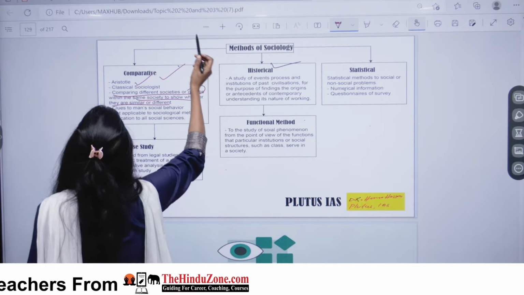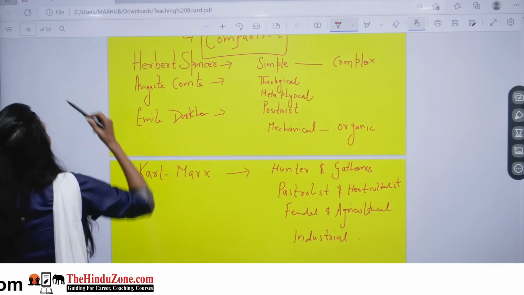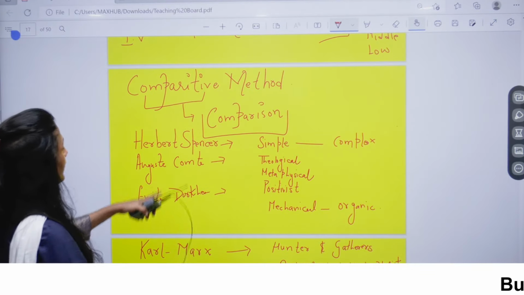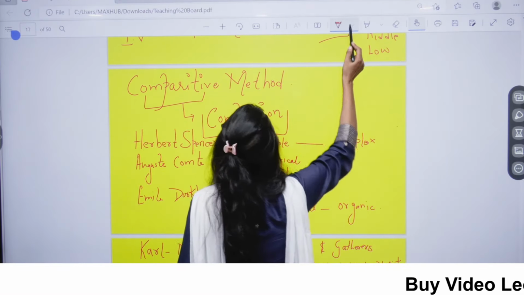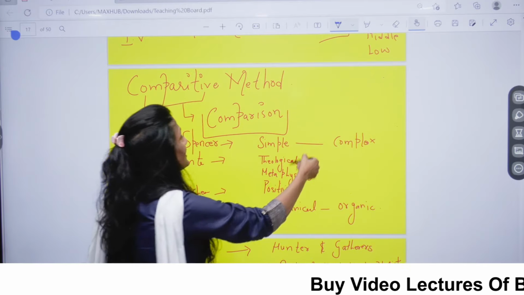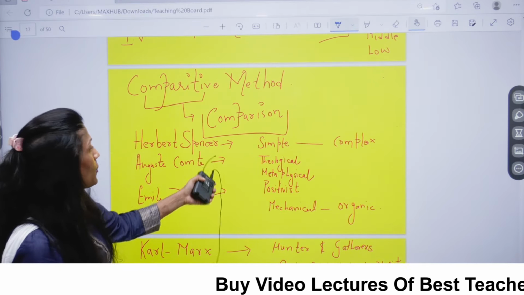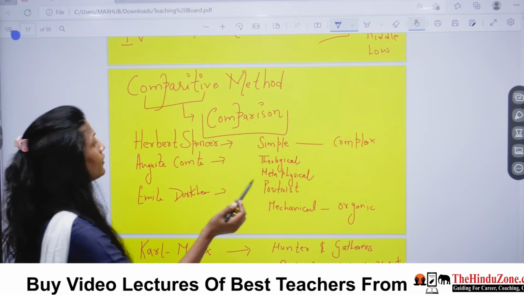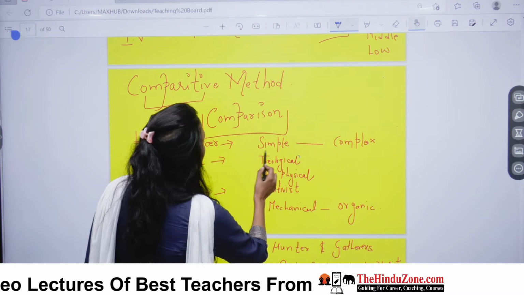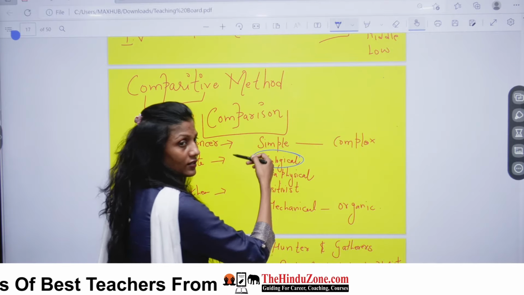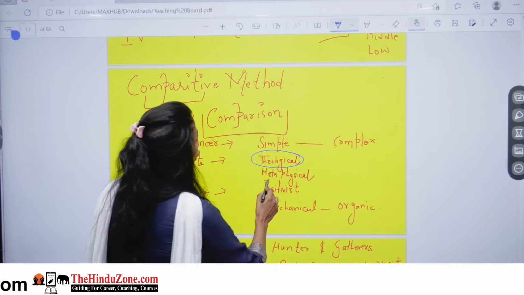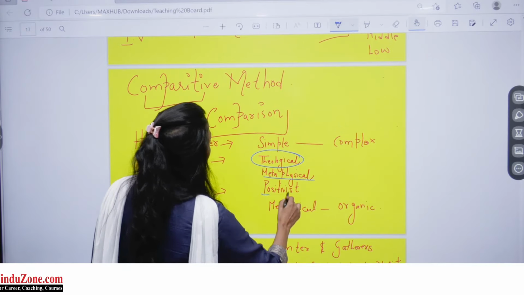All right, so now let me explain to you the historical method. See, here these societies which Herbert Spencer spoke about are something in history. So the theological stage was a society in the past, or metaphysical, or the positivist.